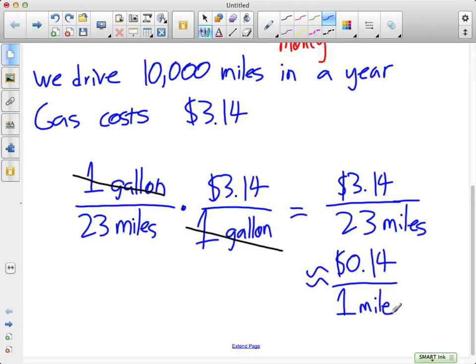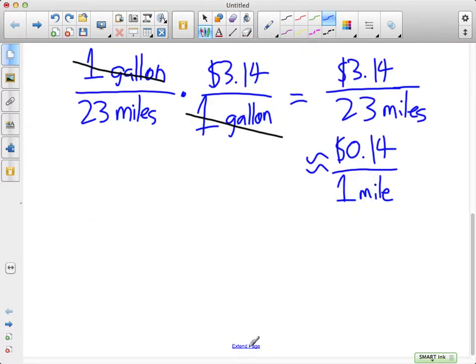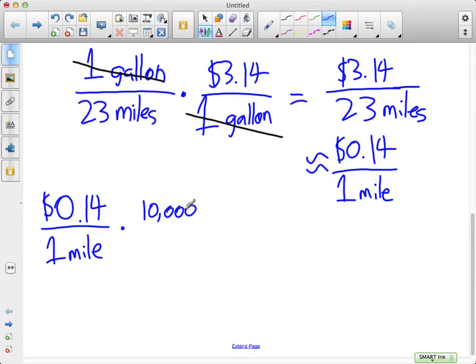Well, if it costs me 14 cents to drive 1 mile, and I'm going to keep writing this as 0.14 for 1 mile, and I multiply that by the 10,000 miles in 1 year, just like we did last time.